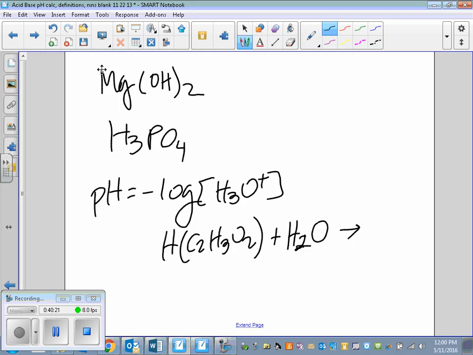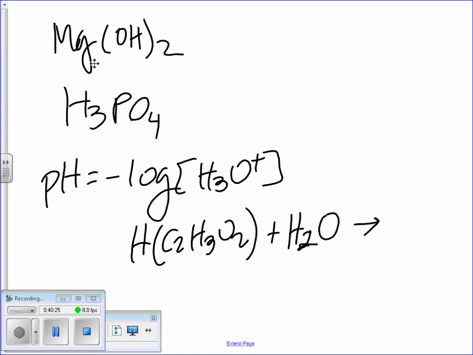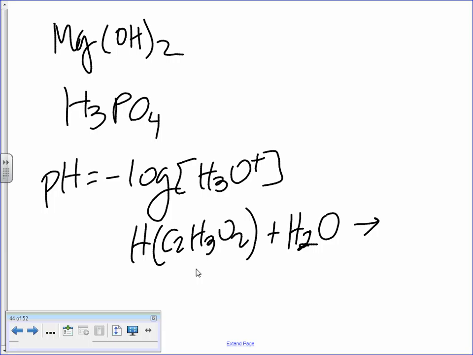This is like an example for number 13. It can only do one thing with water. It's got to be bad, people. What's bad mean? Donor of a proton. It's got to donate its proton. So what is it going to do? What's it going to make?